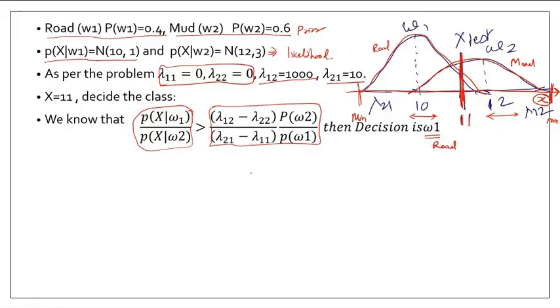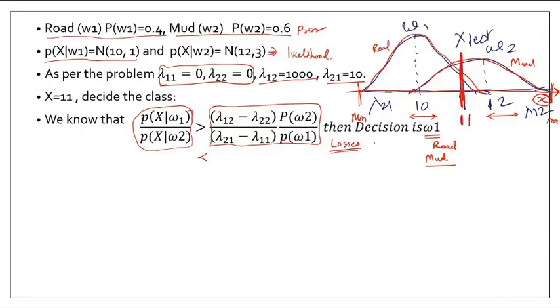If this is less, then my decision will be mud. Okay, so this formula incorporates all our things. That is, we are taking into account losses and the probabilities. So this is what we want.